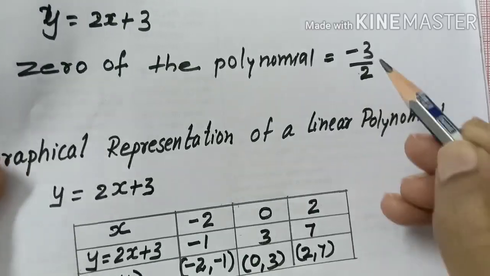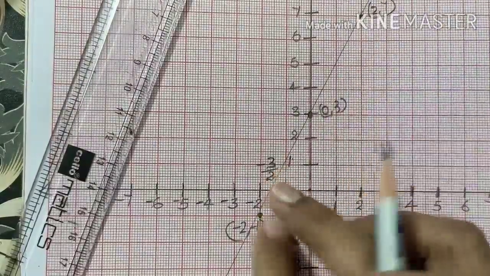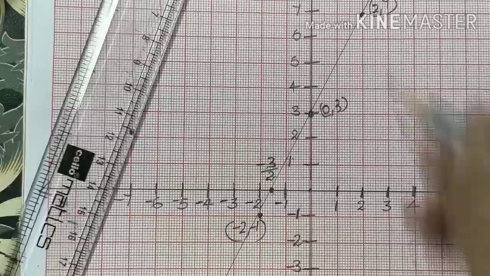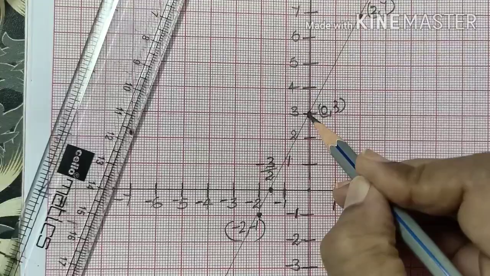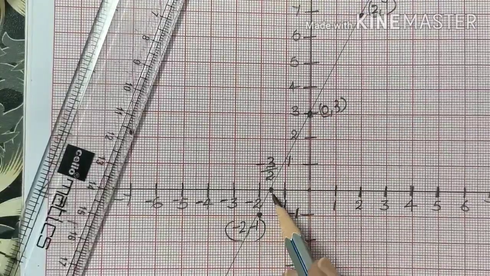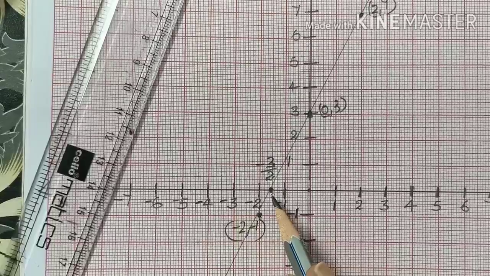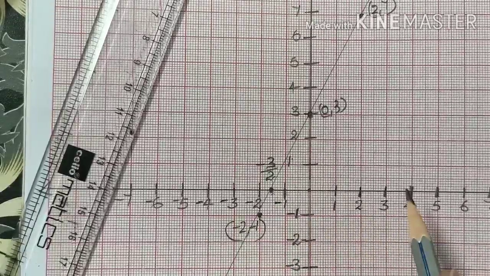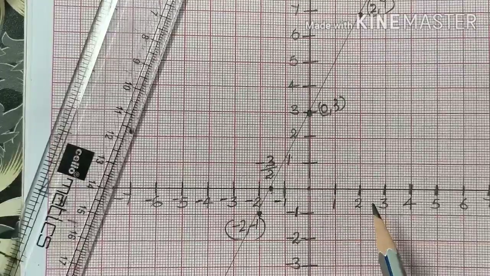So this straight line crosses the x-axis at minus 3 by 2. It crosses the y-axis at 0, 3, that is at 3. But where it crosses the x-axis, that is a 0 of the polynomial. So by both the graphical method and by using the formula, we got minus 3 by 2.